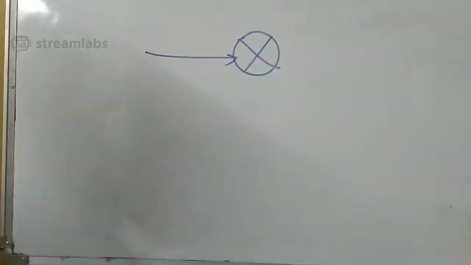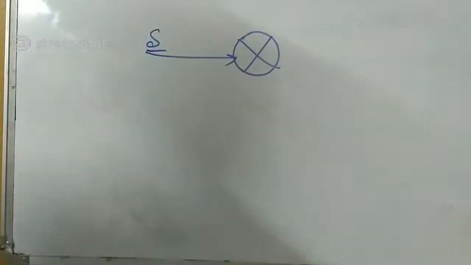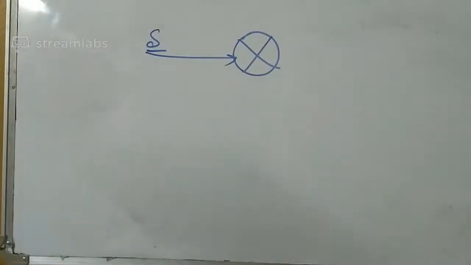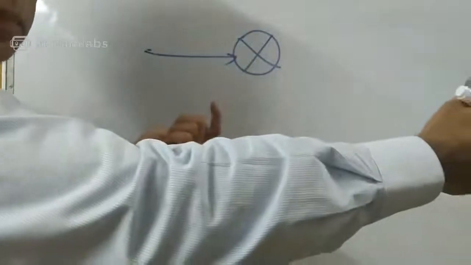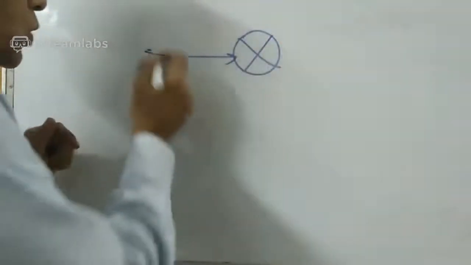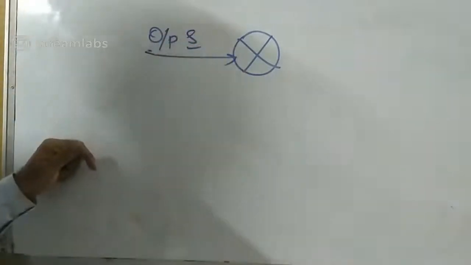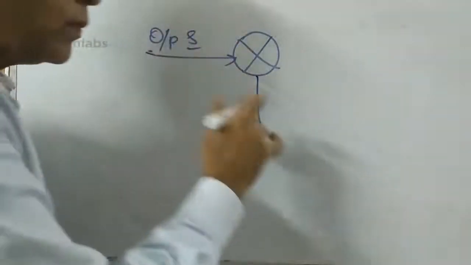I'm going to have some signal over here, some kind of output from some input source, or a signal generated by multiple input sources. So rather than calling it input signal, I am going to call it the output signal from some source.